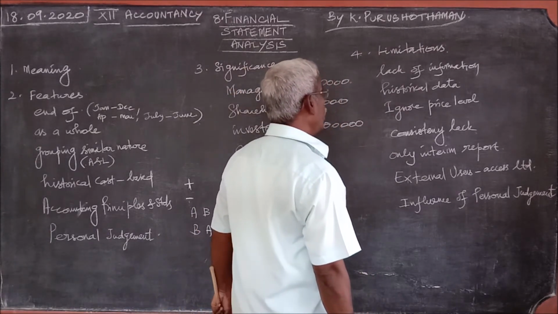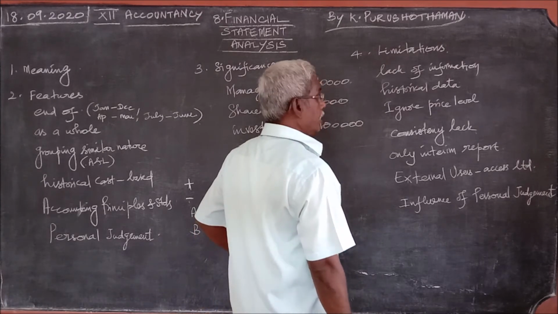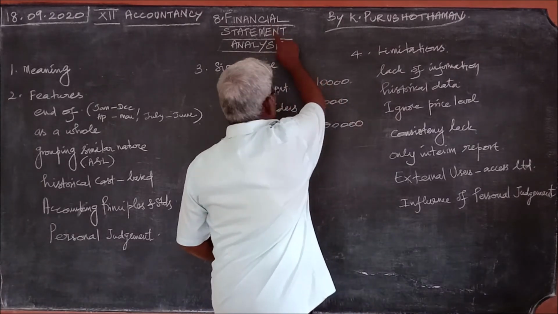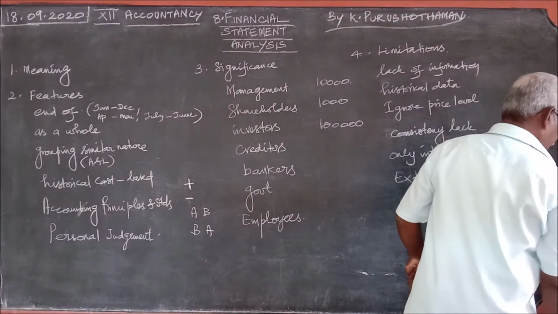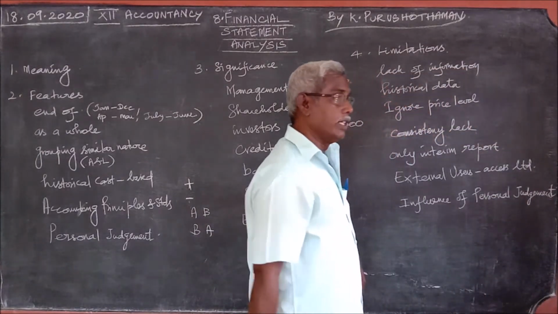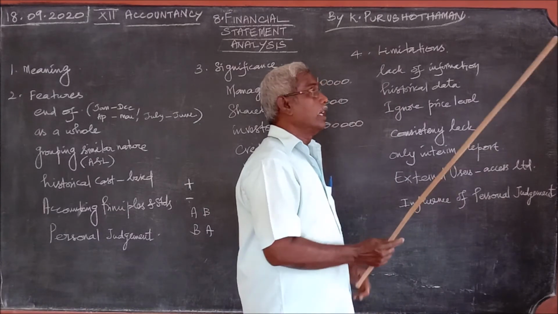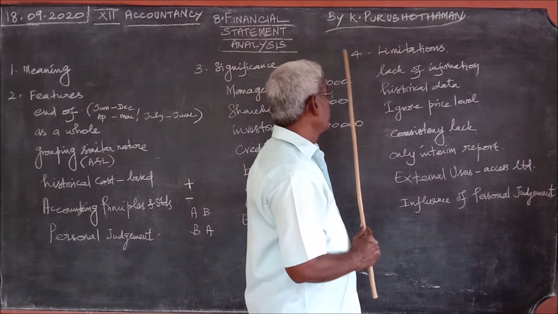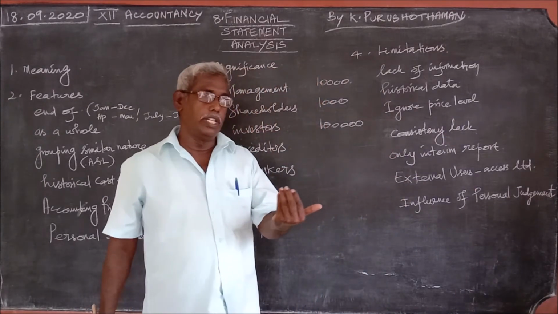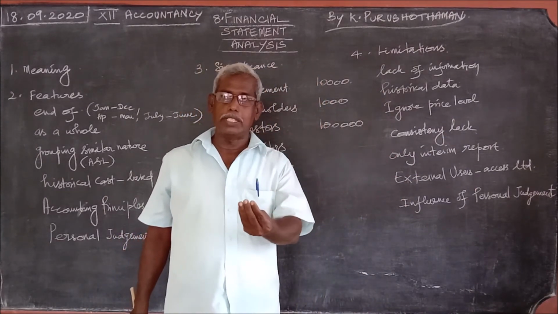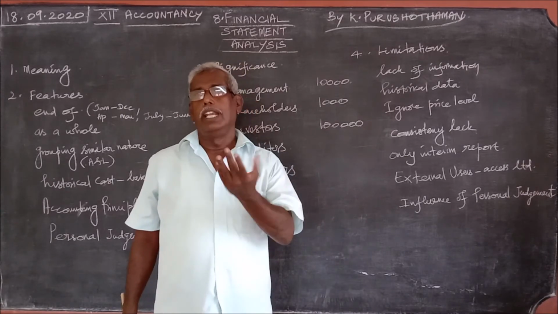And based on the genuineness of the information, the financial statement, that is the trading account, the profit and loss account, the balance sheet, whatever it is, is prepared only based on the information collected. But we cannot give any assurance on the genuineness of the information collected.